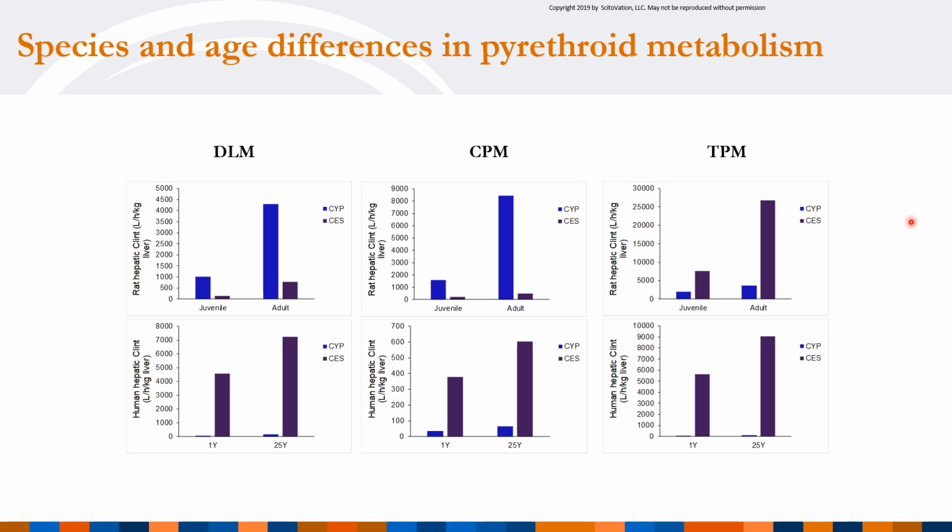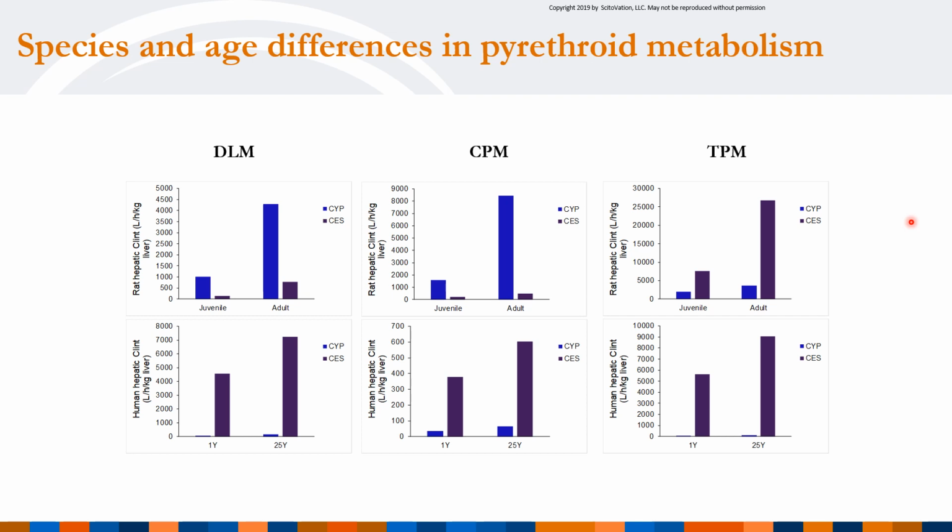So here, for example, the top figures are in rats and the bottoms are in human. Again, the x-axis represents juveniles and adults, or in human 1 year and 25 years old, and the y-axis is the hepatic intrinsic clearance in the liver. Here we can see the differences between the enzymes metabolizing pyrethroids, CYP in blue again and carboxylesterase in purple.